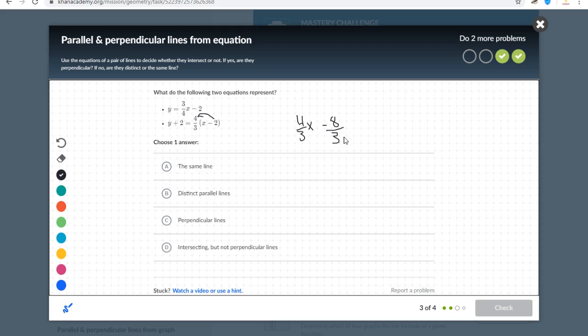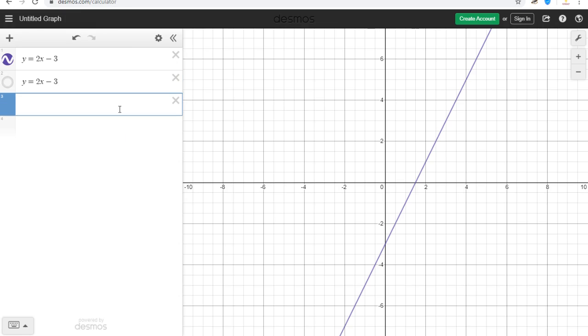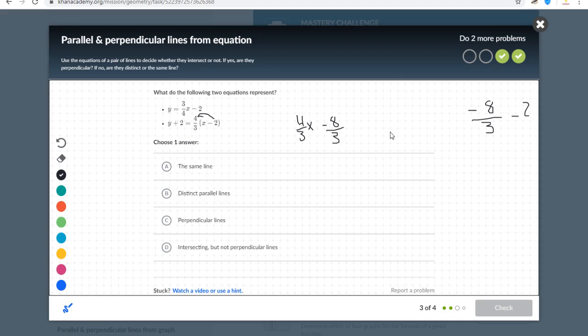Then if we subtract 2, so minus 8/3 minus 2, that is going to give us negative 14 over 3. Y equals 4 over 3 x minus 14 over 3.